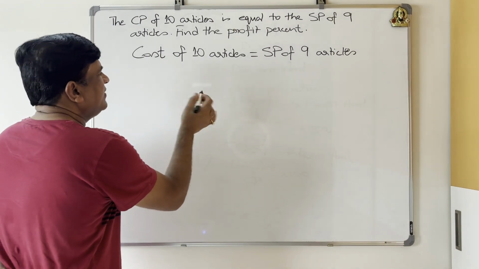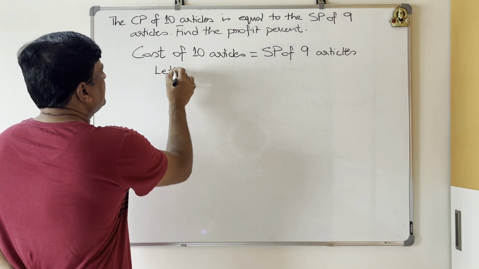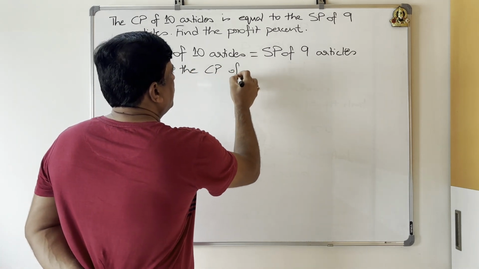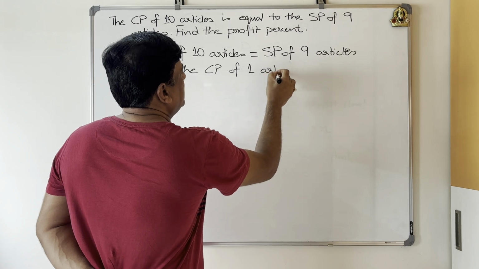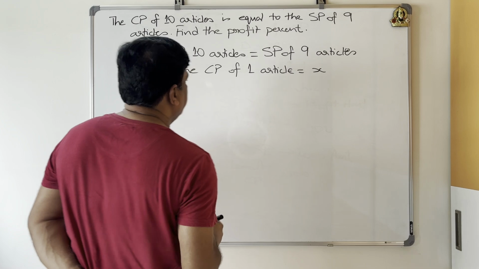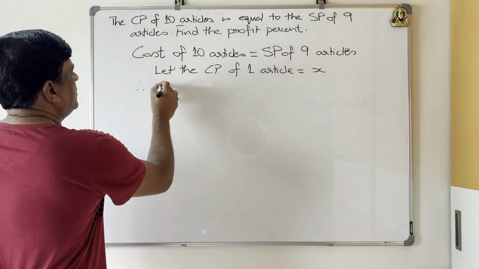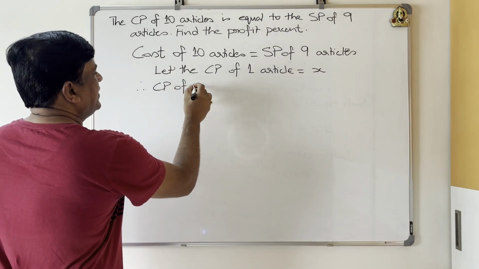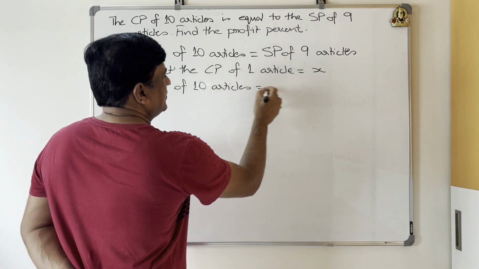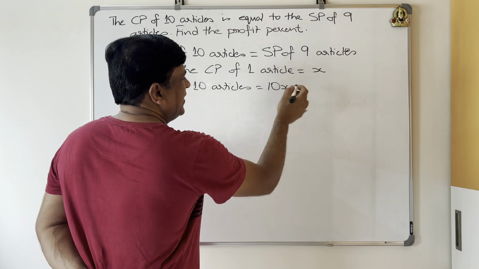So the first thing I'm going to do is let the CP of one article be equal to X. Therefore, CP of 10 articles will be 10 times X, which is 10X.